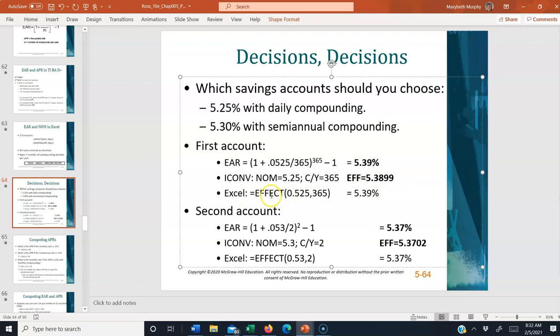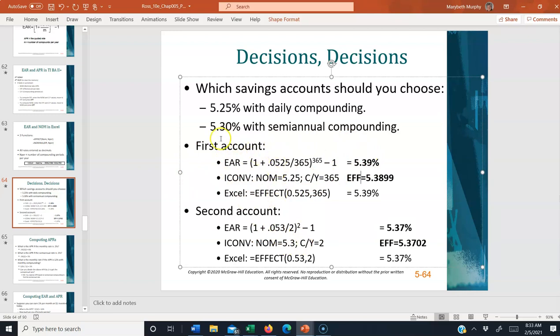In Excel, you would use the Effect function, and you would put in the daily compounding rate and the number of days, and it should give you that same 5.39. For the second one, you would go through the same idea, only now instead of 5.25, we're going to use 5.3. It's the same thing as what we did up here. We're just going to change that interest rate.